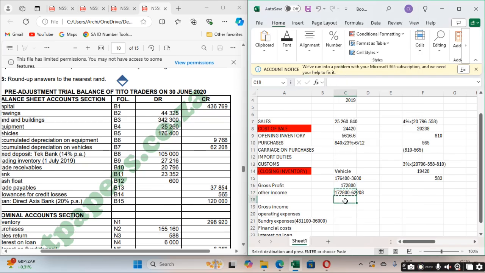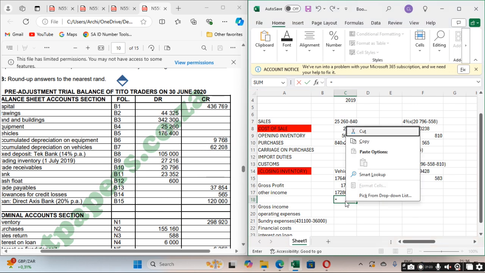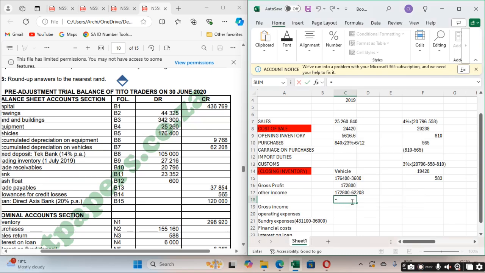So let's do, then you can paste 172,800 minus 62,208. Then we get our answer.